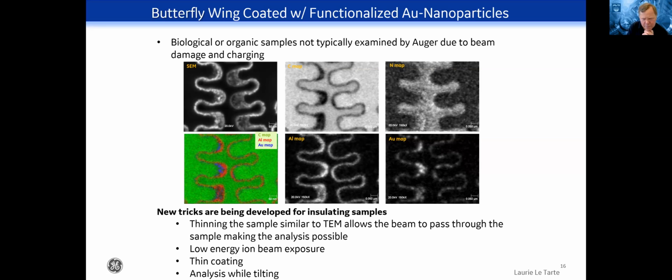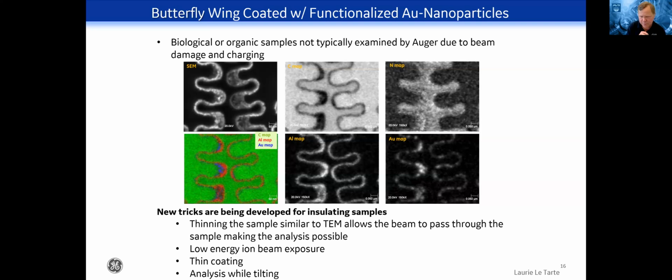Many people feel that you can't do Auger analysis on soft polymeric biomaterials. However, the important point to know is that there are tricks that have been developed to enable this.